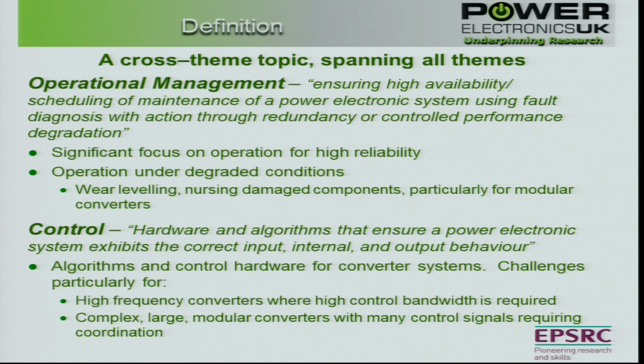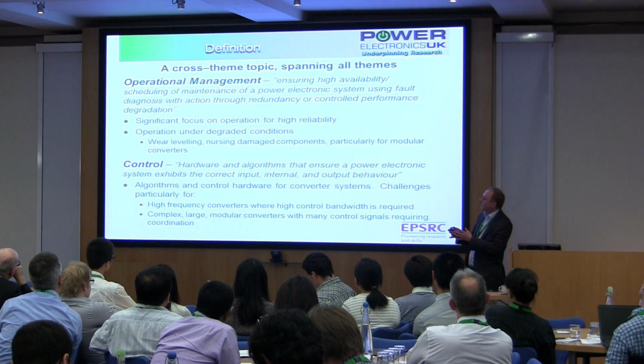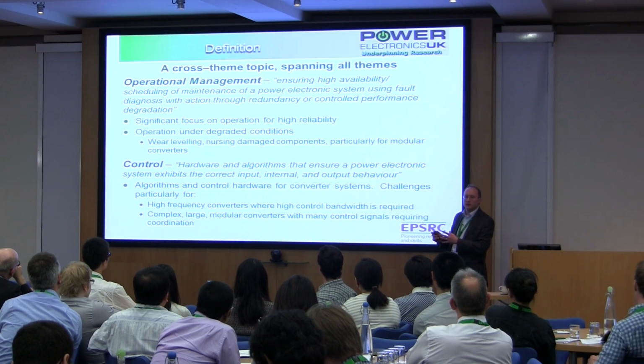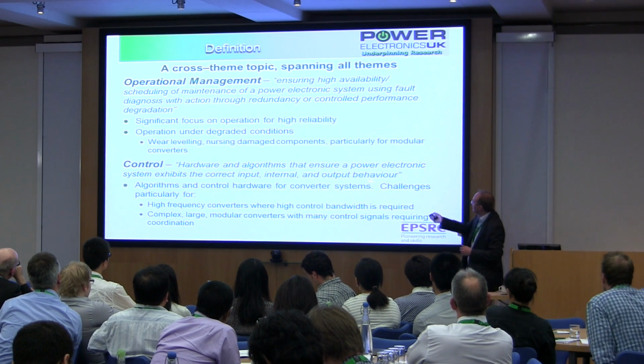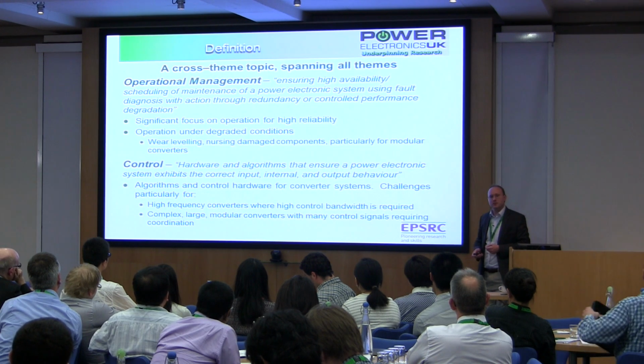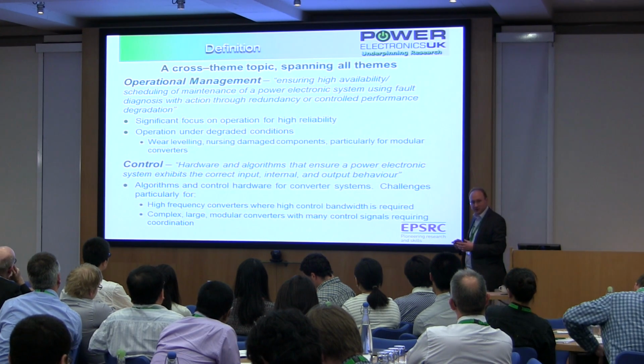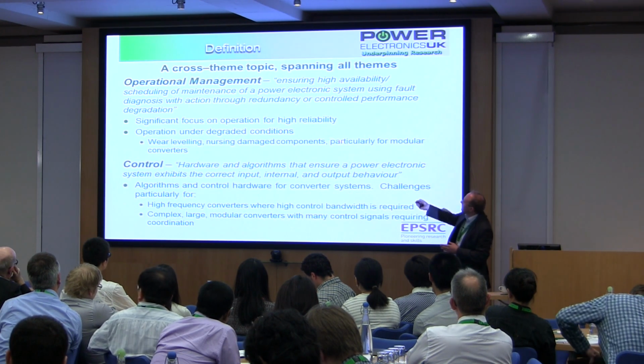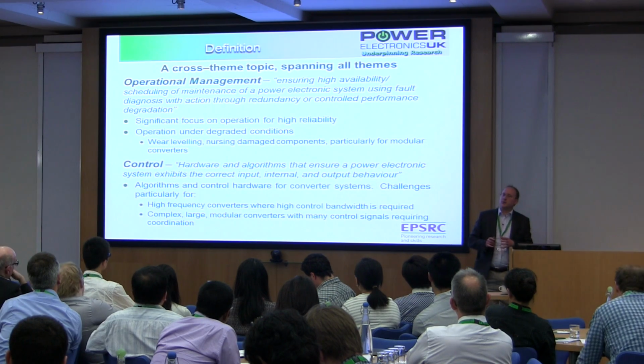So really the question is, how do we take state of health type measurements from the underlying components in the converter and filter all of that back up into the way that we then run the control system for the converter, obviously taking into account the basic behavior that we must satisfy for the converter to operate properly, but then adding on this additional layer, trying to make sure that we operate all of the devices within their bounds.